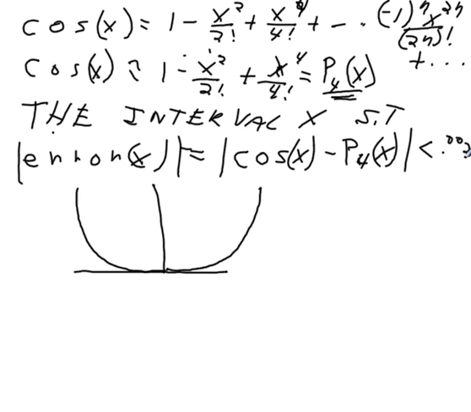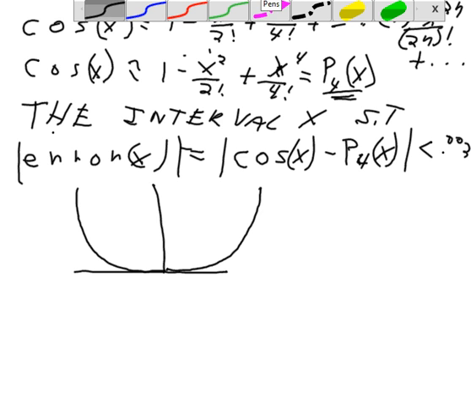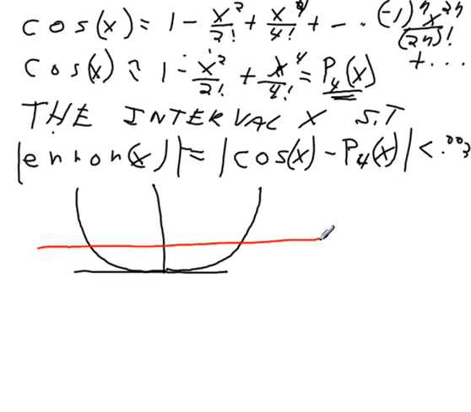Okay? So if you put this in your calculator, this is y equals 0.002. You want to find out where do these things intersect. Where's this and where's that?